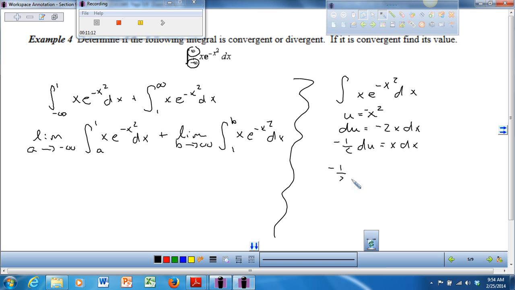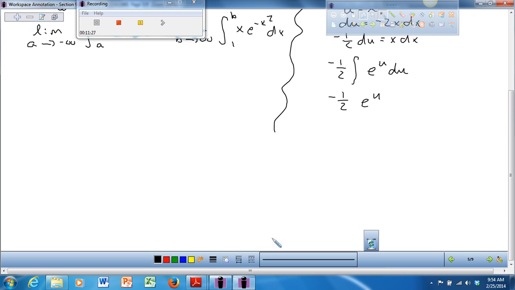I've got negative 1/2 the integral of what? e to the u du, which gives me negative 1/2 e to the u. I would have a plus C, but we're really doing a definite integral here. So this is negative 1/2 e to the negative x squared. So that's what we will be plugging in over here.